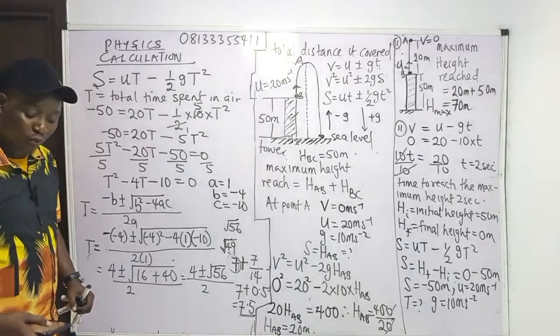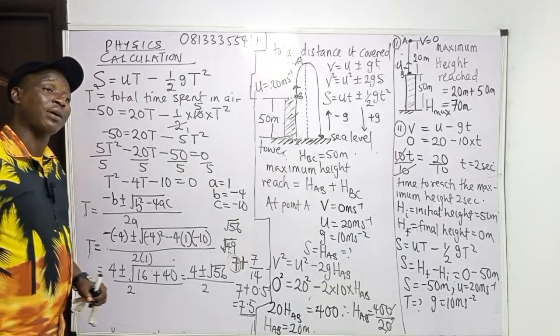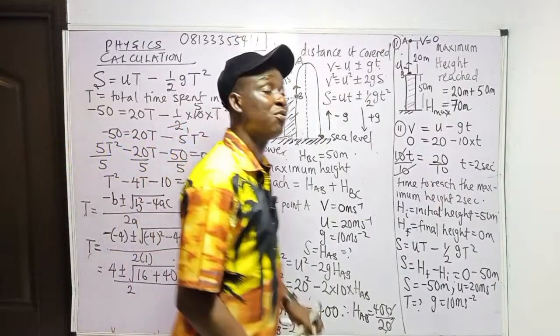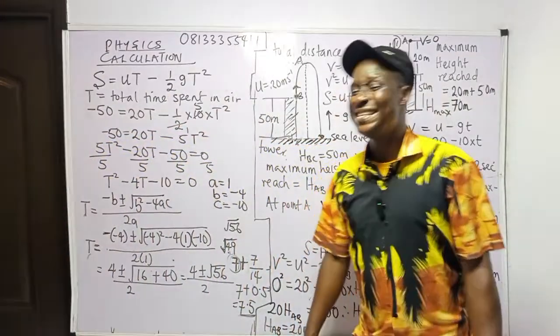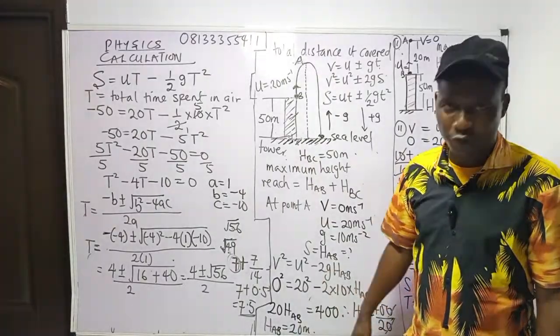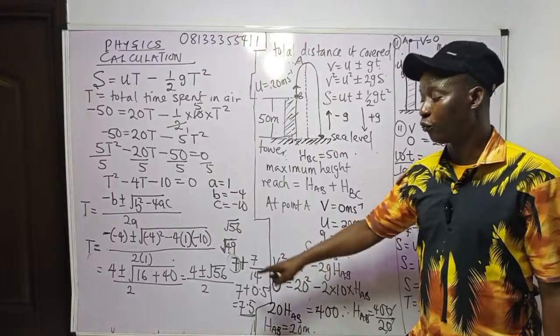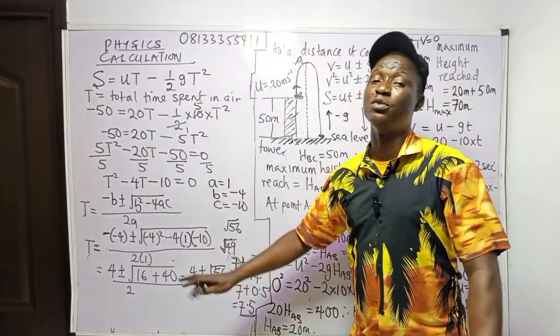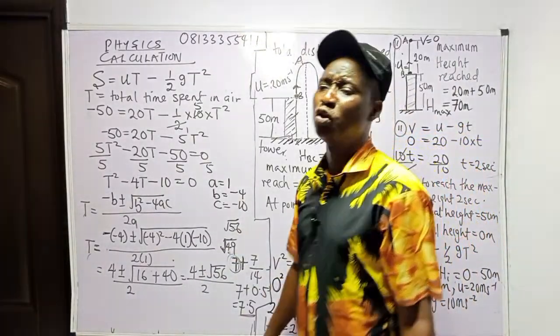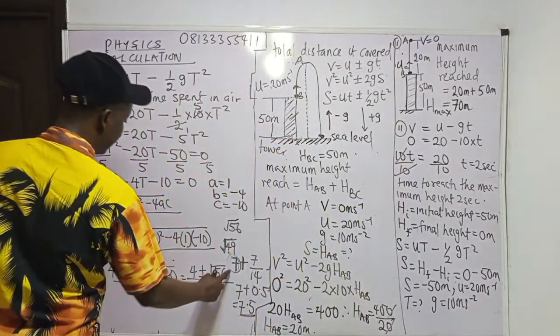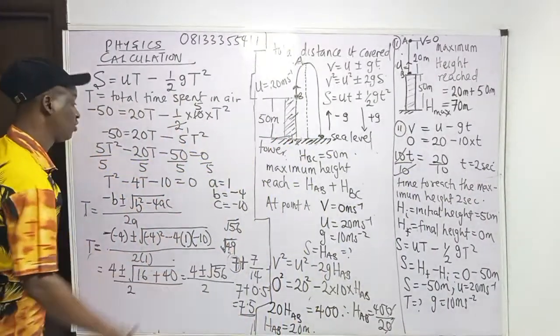Why am I doing that? Because in the exam you are writing, hear me, there is no square root key in your calculator, so you find it difficult and tough to solve. When you get to this point, you would be stranded, and I don't want you to be stranded. That's why we help you with the square root of that one.